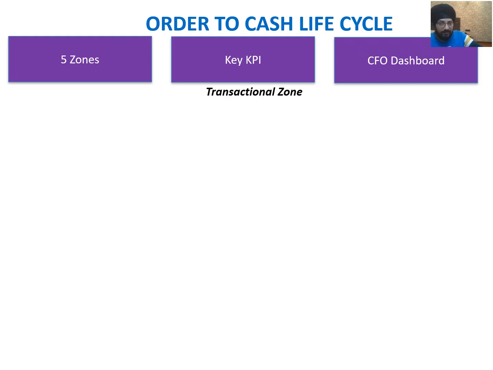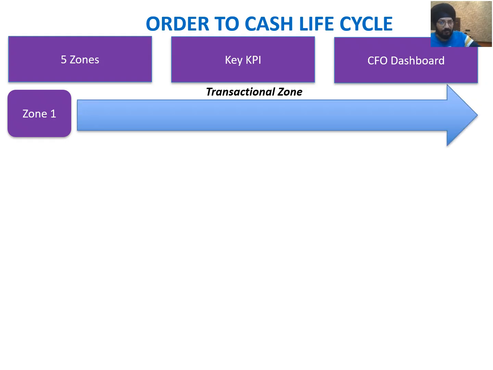The first zone we are calling the transactional zone. This is zone one, and what sub processes of order to cash are covered in this transactional zone? Customer master data. We call this transactional because when we are talking about customer master data, we are getting a lot of information, and basis that information we create the customer master data in our system.